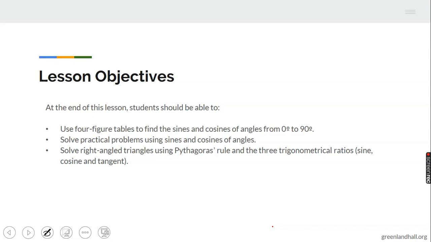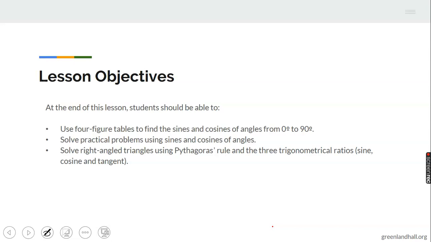Now, what do we have for today? Our lesson objective is, at the end of this lesson, you must be able to use 4 figure tables. So if you have 4 figure tables there, just go and pick it up. And if you don't have, open to page 269 to 270 in your mathematics textbook.